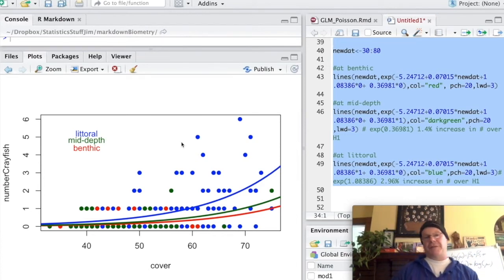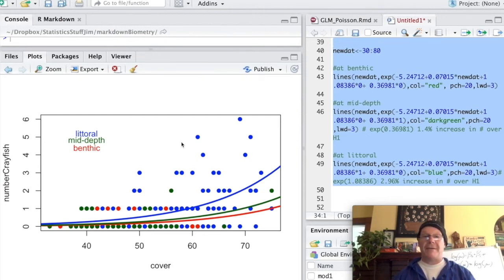Again, all the different steps involved with this are very similar to what we've been doing with all the other models. The only thing that we have to think about and be careful about is first deciding how you want to model your data. In this case, we decided we were going to model it as a Poisson, and have some understanding of how that link function is working so that we can interpret our parameters.